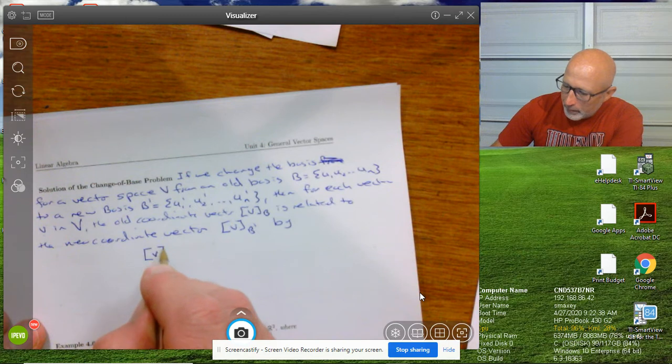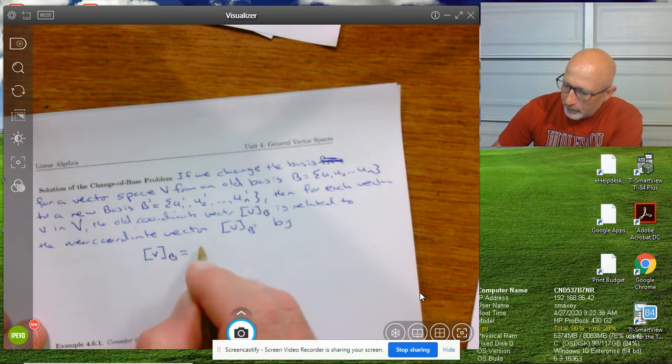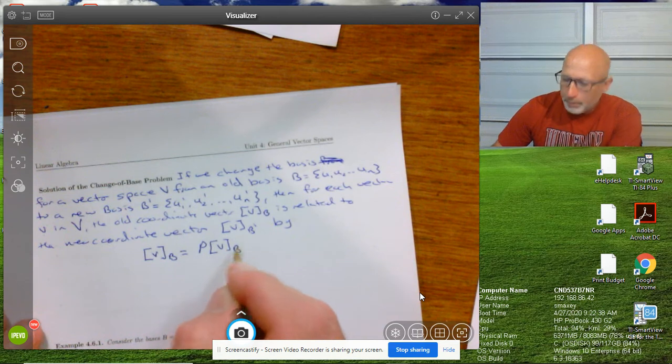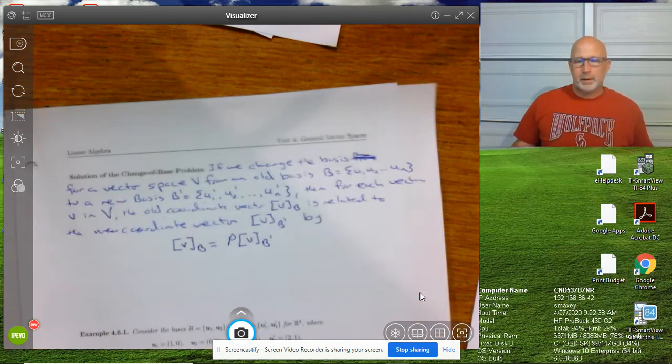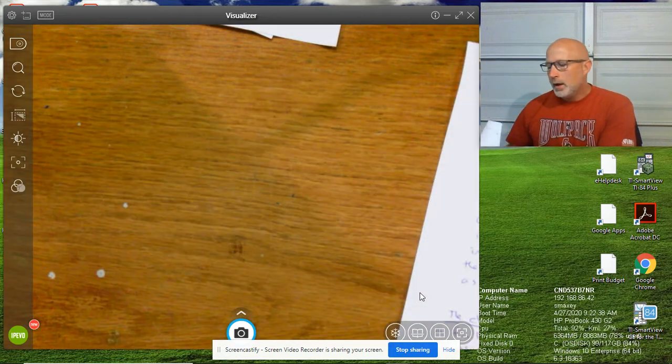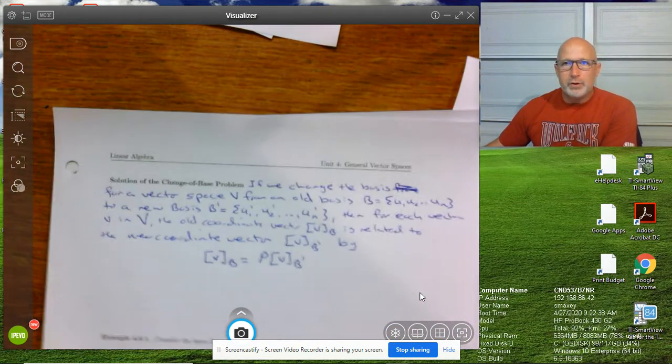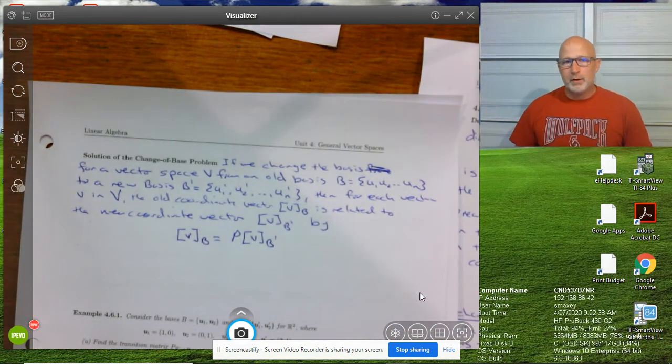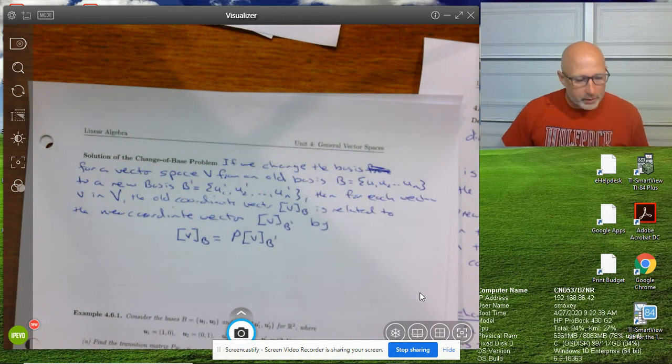So v under the basis B is equal to P times v under the basis B prime. So that's a relationship. The really cool thing about this section is we're basically just figuring out how to switch from one basis to another, and it's all based off of this transition matrix. That's it.